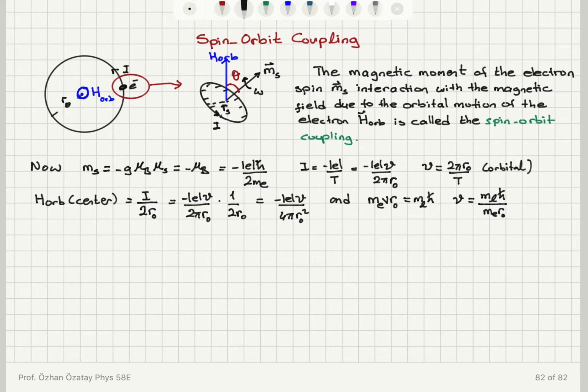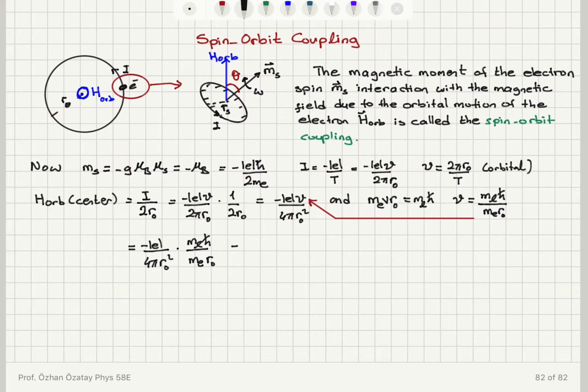If you substitute this into v, we can get the magnetic field at the center to be minus e over 4 pi r_0 squared, and for v I'm substituting m sub l h bar divided by mass of the electron times the orbit radius r_0.